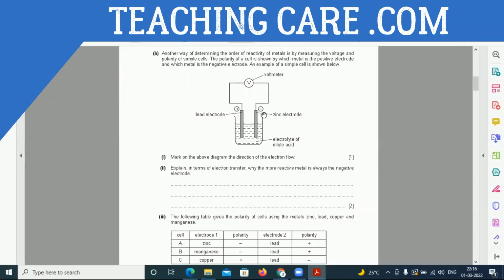See, if I have this electrode, zinc is more reactive than lead. The reason is that when the zinc is kept on the positive electrode, the Zn2+, the 2 plus, 2 electrons which it has to release, it will not release. The reason being that it has the positive charge.